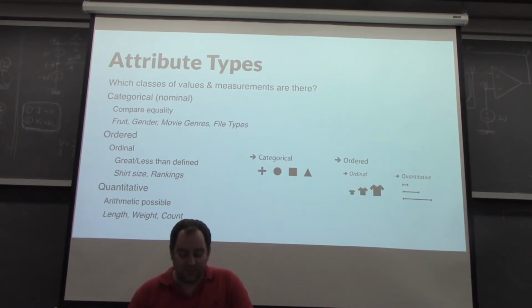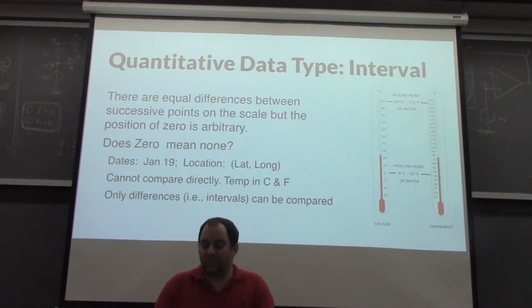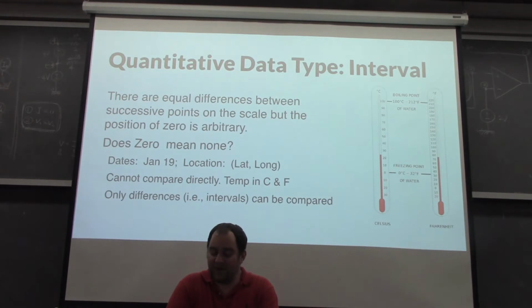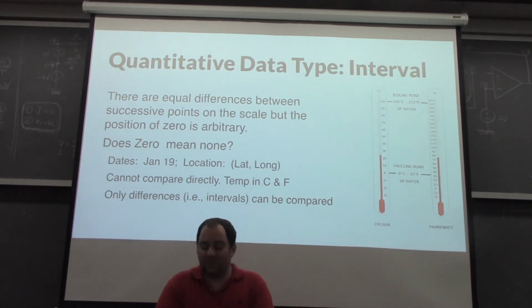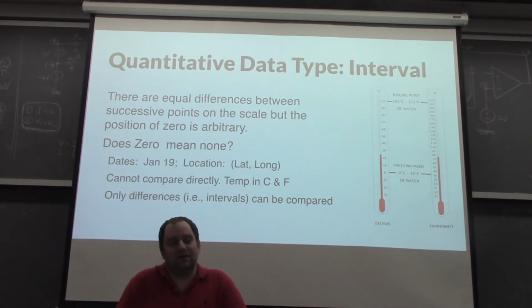And then we talked about quantitative measures, where I can do arithmetic, things like length, weight, and count. And then we distinguished interval types from ratio types, and the main difference here was: does 0 have a meaning? Is 0 equal to none?